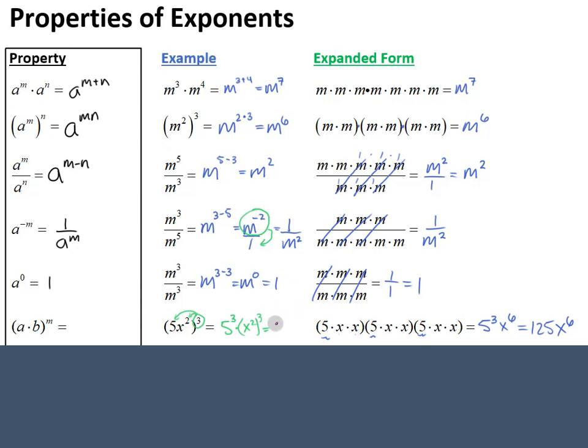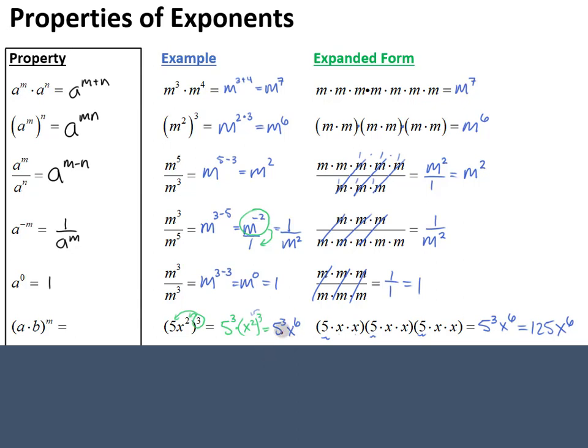I'm just going to leave it as 5 cubed in this section because I'm going to run out of room. But here, right, we had a property for if I have a power raised to a power, we multiply the exponents. So 3 times 2 would be 6, x to the 6th. So yes, we could calculate 5 cubed and write that as 125.